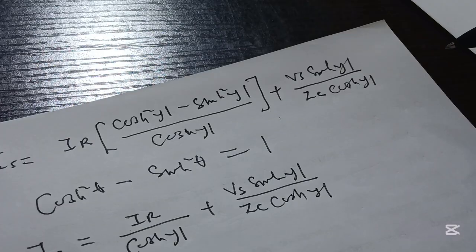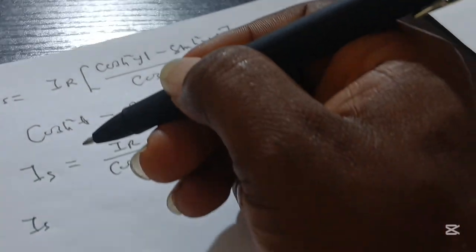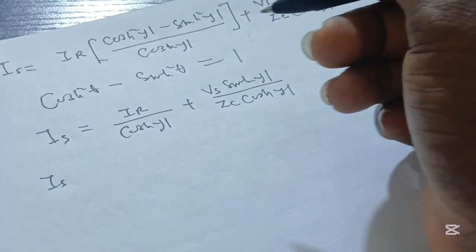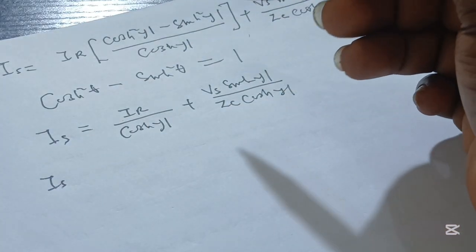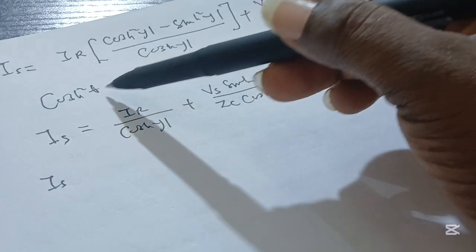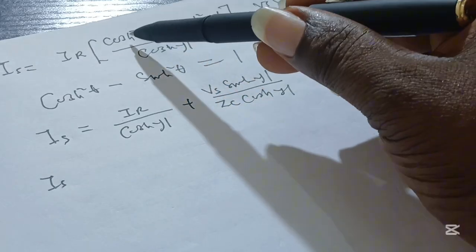So we can multiply through by cosh(γl), and that will give us IS.